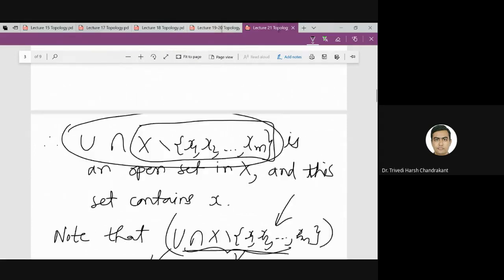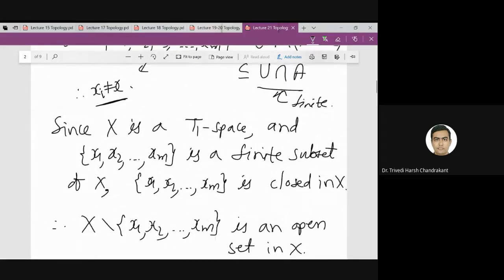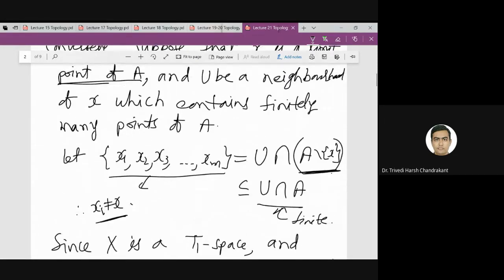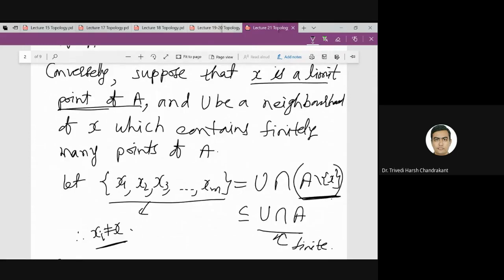This contradiction is coming from our wrong assumption. The wrong assumption is that U contains only finitely many points of A, and therefore this statement is wrong. That means U contains infinitely many points of A.